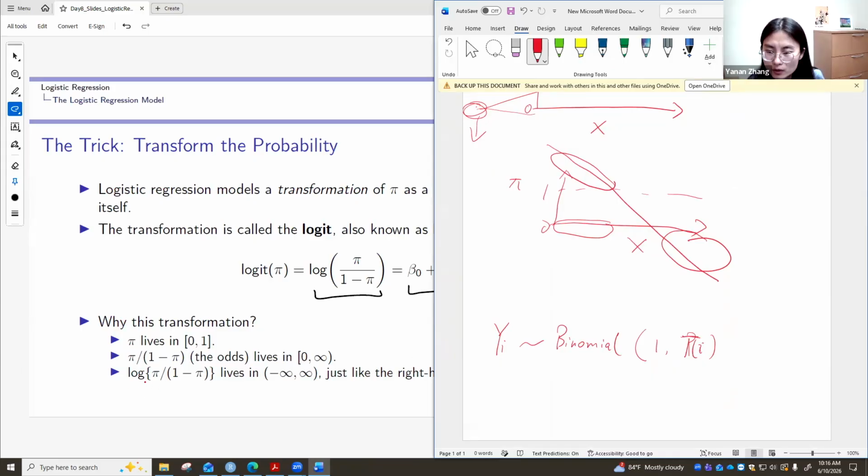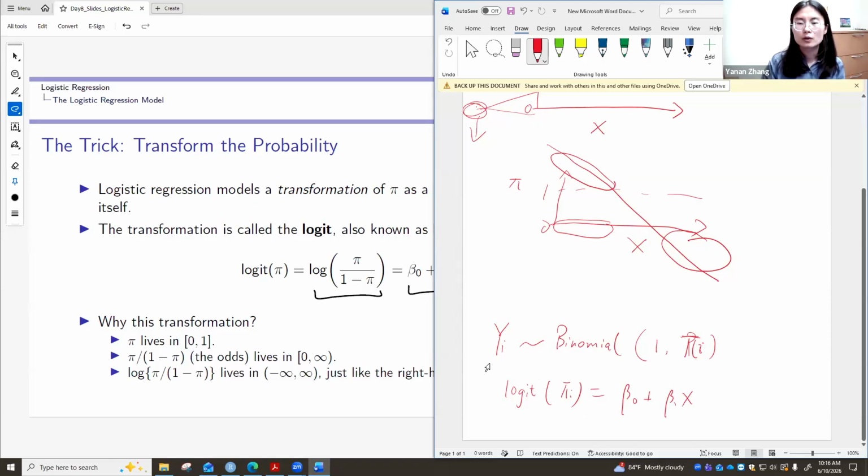And then we model the logit of pi i as a linear combination of predictors. So this part ensures that the outcome follows a binomial distribution, so it allows non-constant variance. All those 3 questions or problems are solved by fitting a logistic regression. So any questions here?